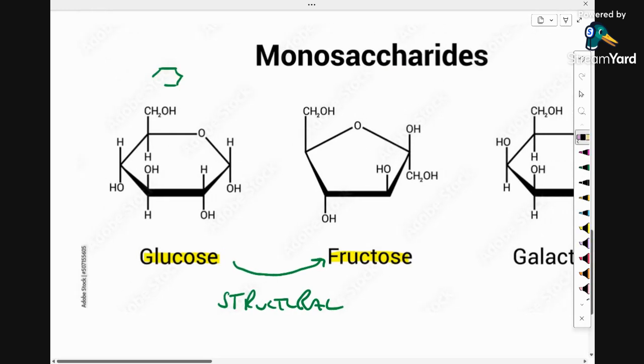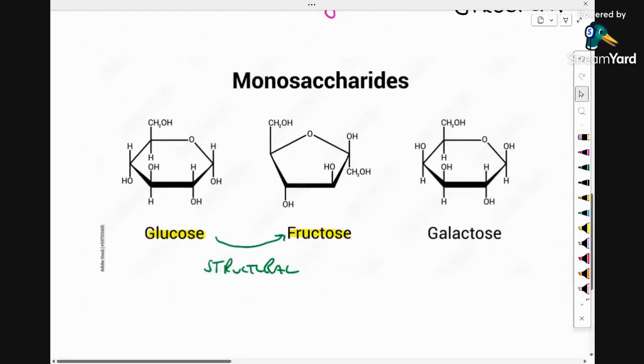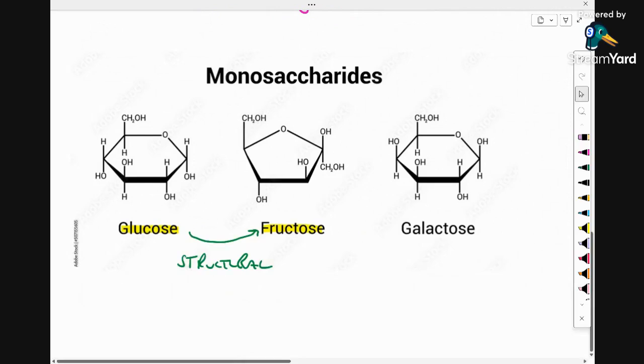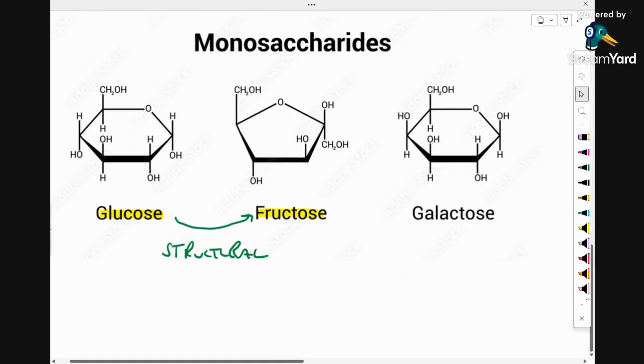So hopefully you can appreciate, and this will come back later when we look at Benedict's test, fructose actually has a completely different three-dimensional structure compared to glucose and galactose. It's a structural isomer of both of these. So just bear that in mind. Whereas galactose, because we're only a mirror image on one of the carbons, actually has a very similar looking structure.